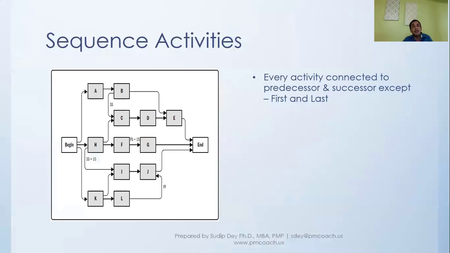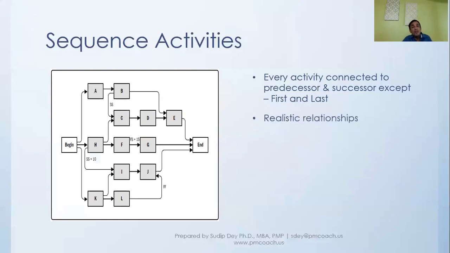So we put together which comes before, and what we'll find at the end is, excepting the first and the last, all the other ones should have a predecessor and a successor.